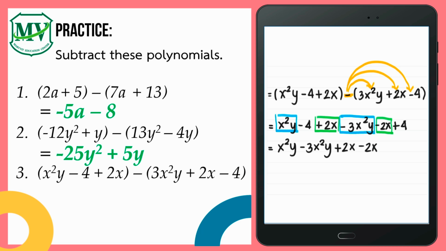As for the constants, we have negative 4 and positive 4. When we combine them together, the answer is also 0. So the final answer to the problem is x squared y minus 3x squared y equals negative 2x squared y.